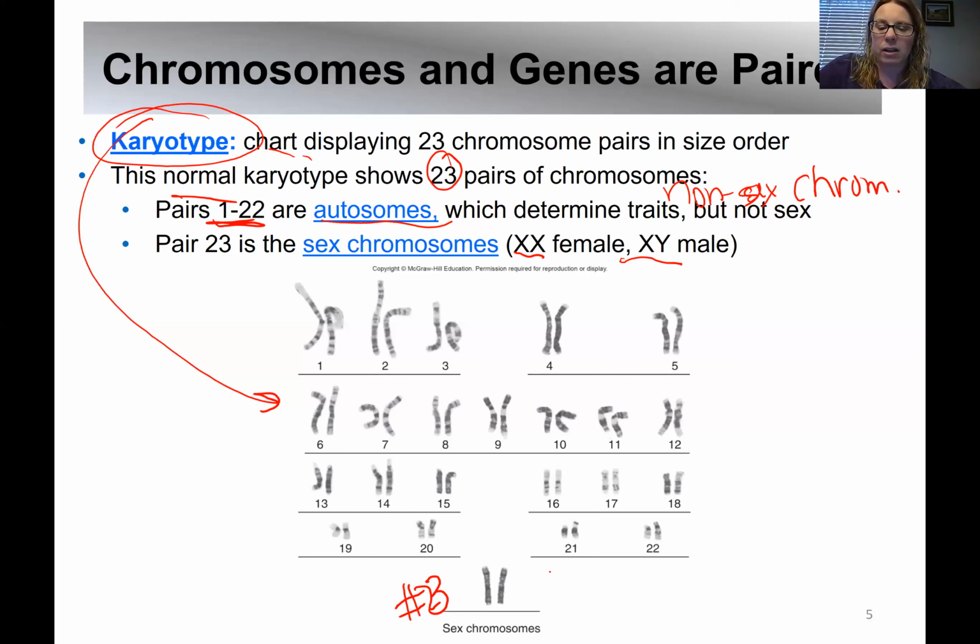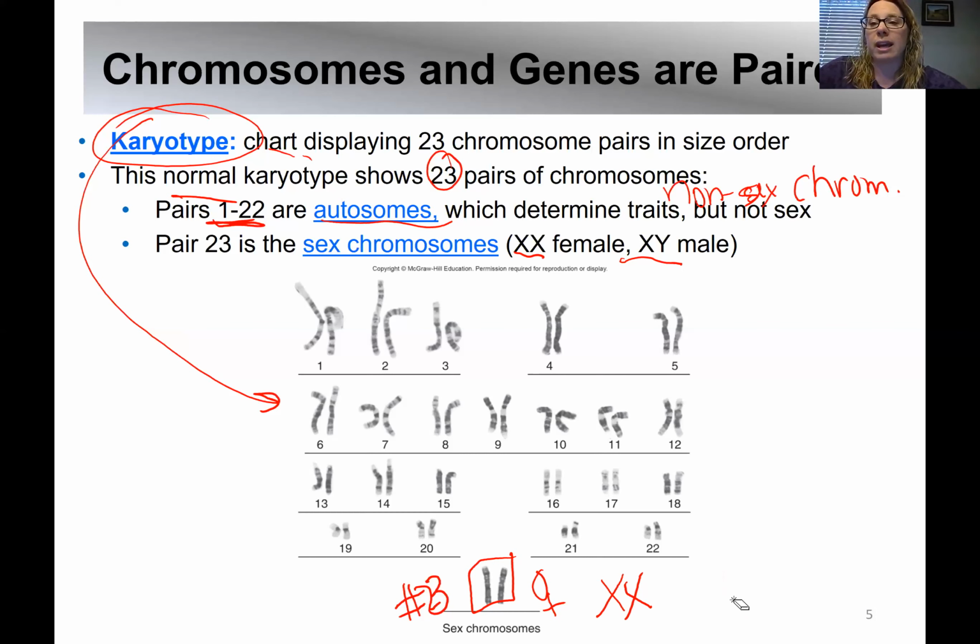I can tell that this is a female because she has 2 chromosomes here of the same length, and so we would represent her gender as XX. If it were a male, you would have a long chromosome for the X, and then a shorter chromosome, which is represented by the letter Y. So humans have 23 pairs of chromosomes for a total of 46.